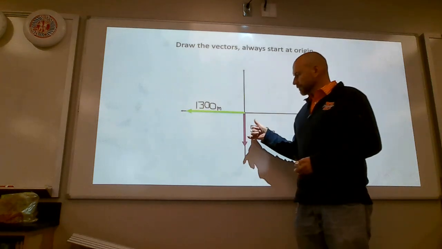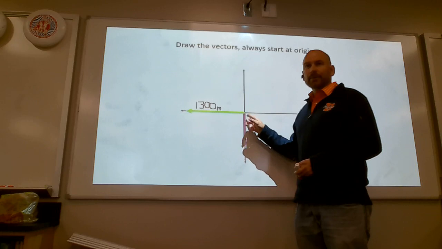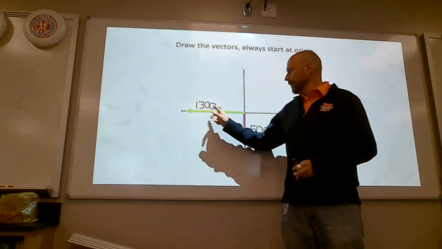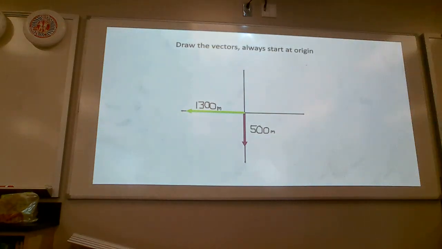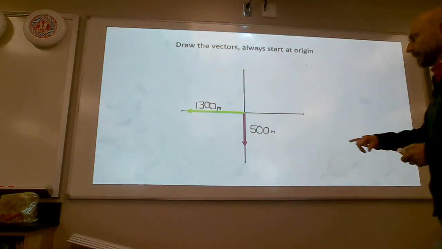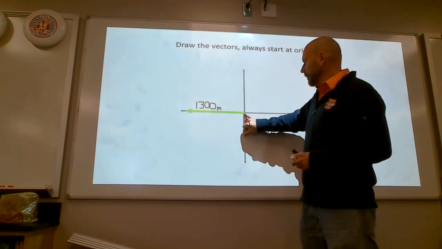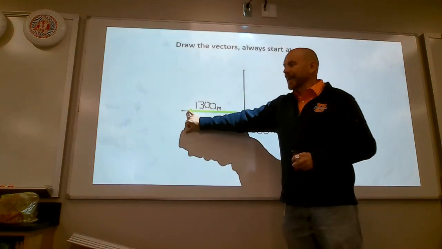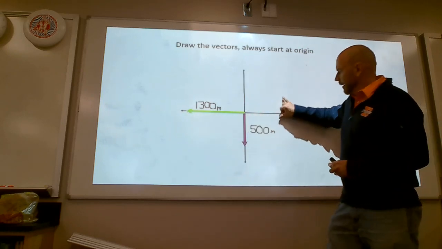And then next up, a vector has a head and a tail. I'm going to take one of those vectors and cut and paste it and move it so the tail of one is at the head of another. I'm clipping this.